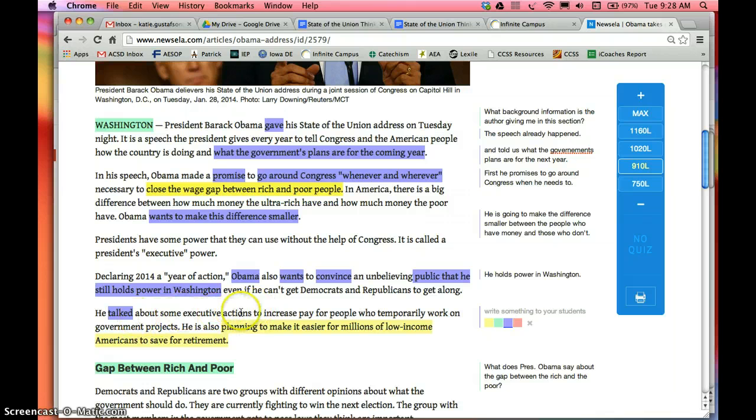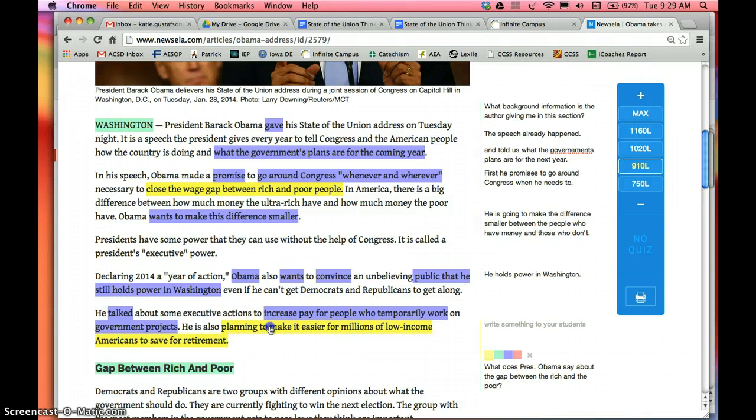So he talked about ways to increase pay for people who temporarily work on government projects, and he's going to make it easier for millions of low-income Americans to save for retirement.